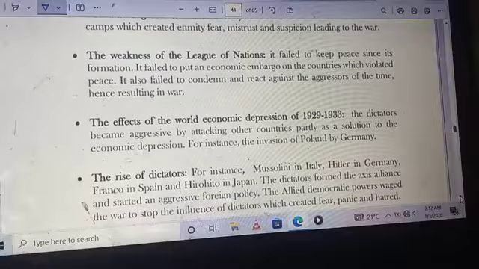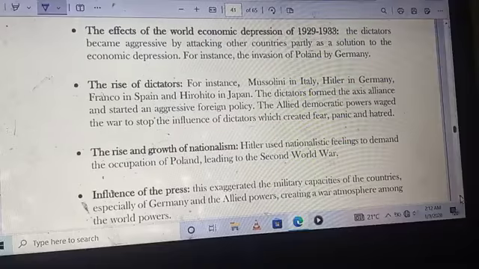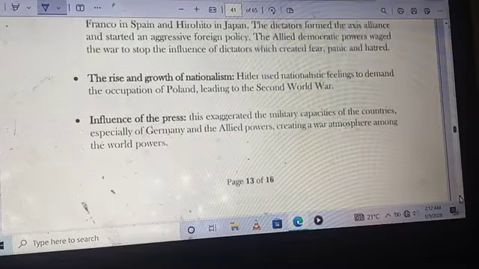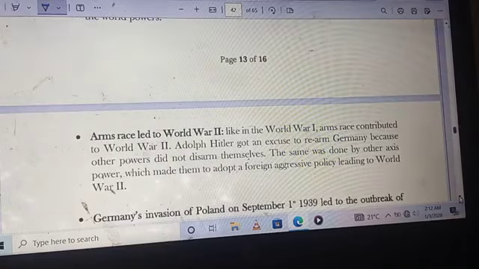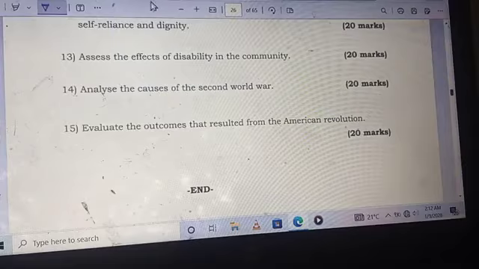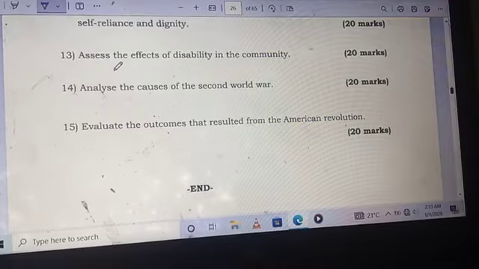The effect of world economic depression, the rise of the dictators, the rise and growth of nationalism, influence of propaganda, arms race led to the Second World War, and so on. Let's see, as a conclusion to that question, the combination of political, economic, and military tension caused the Second World War.